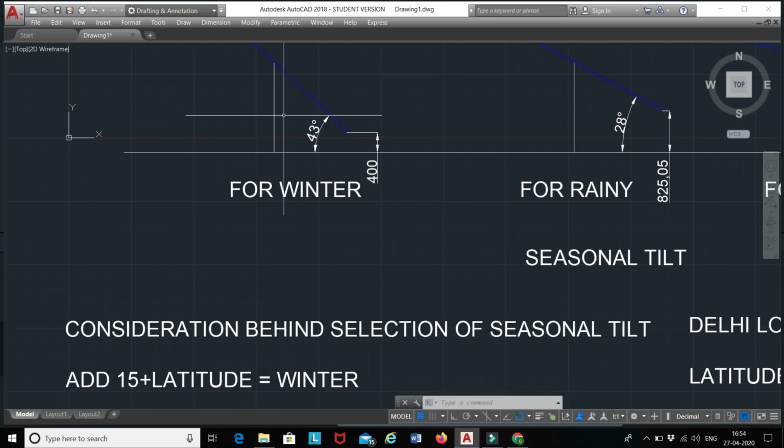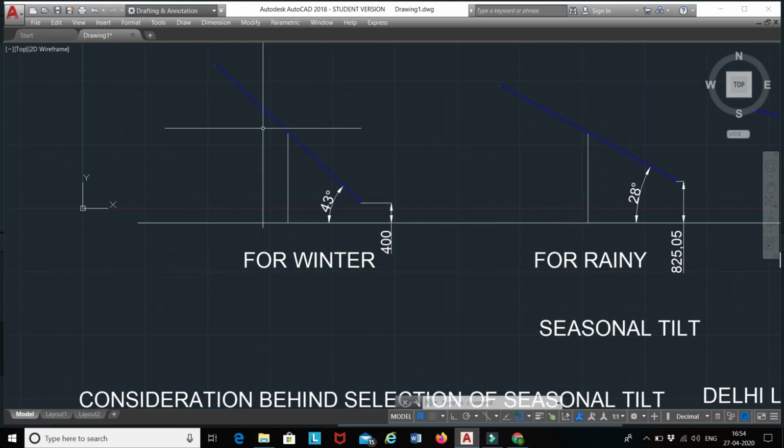So the total uplift force on this section is module self weight plus wind force. In that case a very high wind pressure is created, and the module tries to lift also. The structure also tries to lift, because the module is tied to the structure, and when the wind pressure is high, both module and structure try to lift from their place.